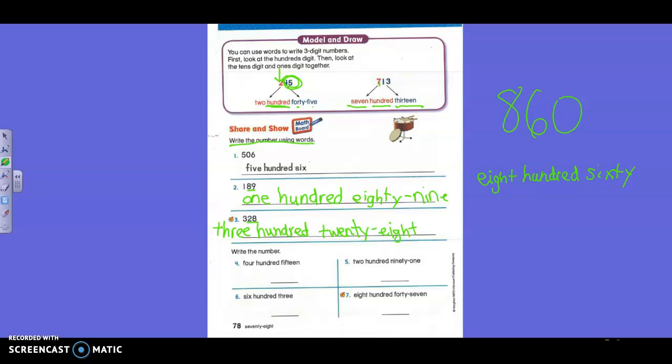Okay. The bottom, boys and girls, they wrote the words for you. You just have to write the numbers. Okay? You have to read it and just write the number. Okay, so you need 20, 30, 40, 50, then 60 is just, okay, by itself.